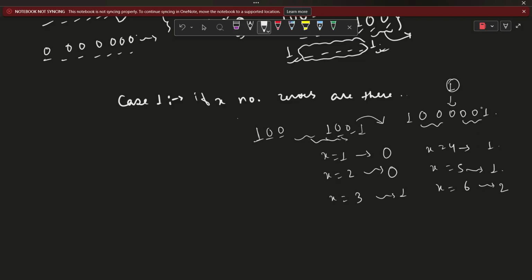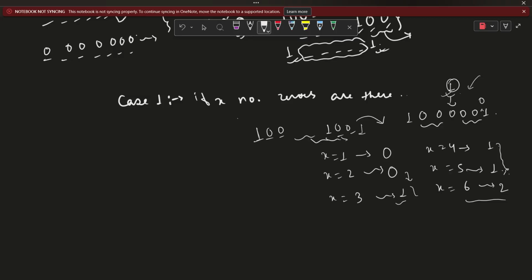Because if I add another 0 over here, then I can't satisfy the condition with just one student. So for x equals 6, the answer is going to be 2. You can see that there is a periodicity of 3.